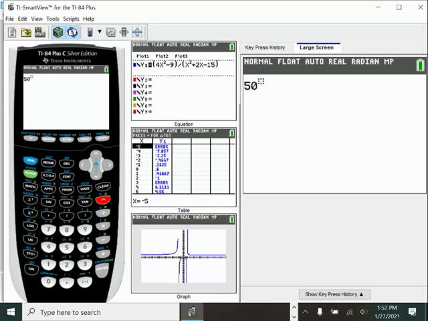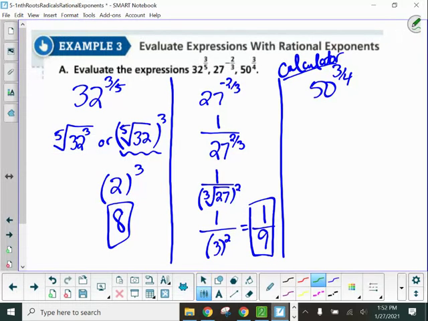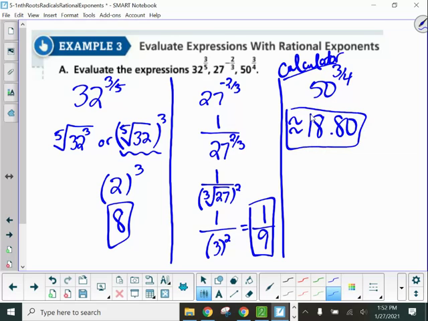If you have an older calculator that just puts in a caret symbol, you would have to open up a parenthesis to do this fraction, but you can see mine kicks it up so that it's all in that exponent, so then I can type in my 3 divided by 4. You can hit the right arrow if you want to jump back down, hit enter, and if we round this, it's going to be about 18.80. I am going to use my approximately equal sign so we can see how that looks.